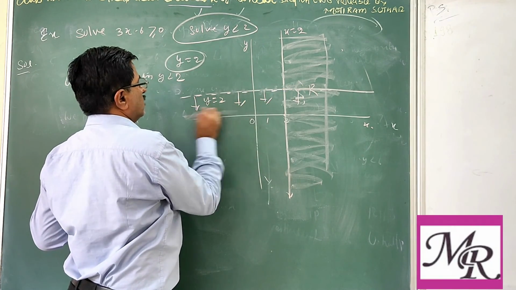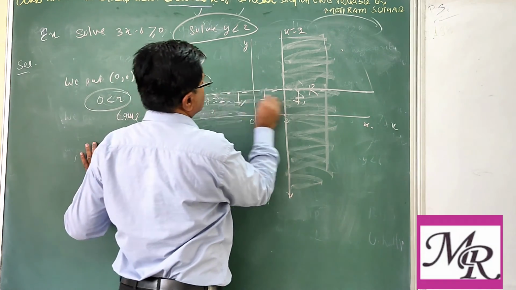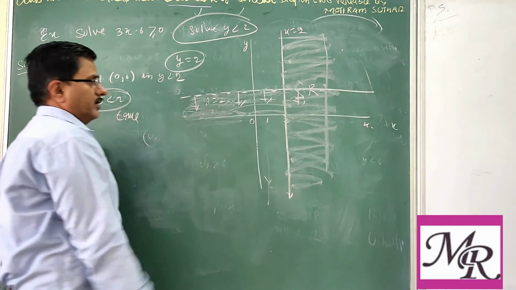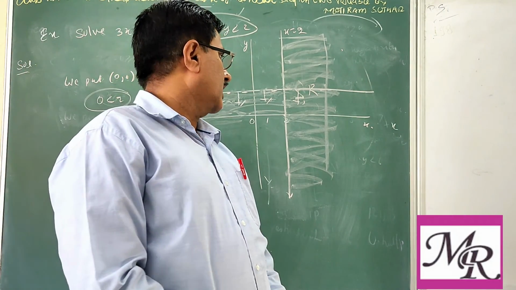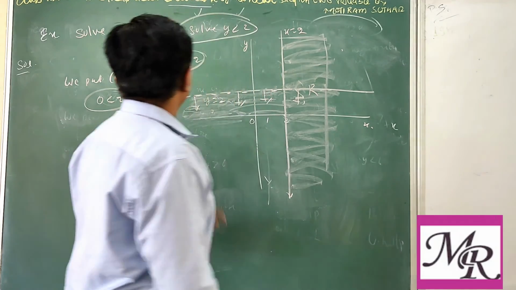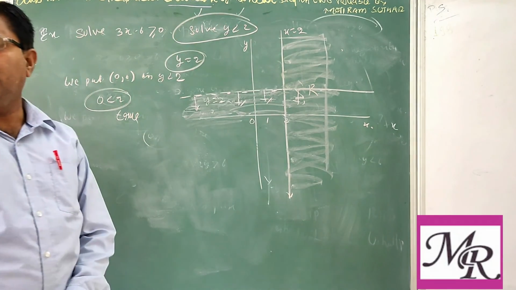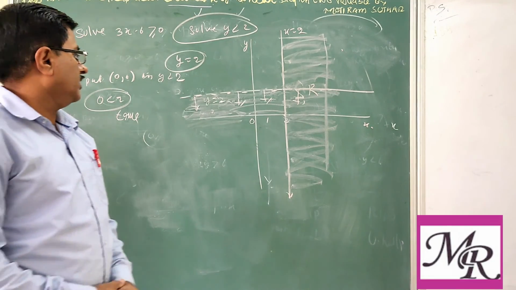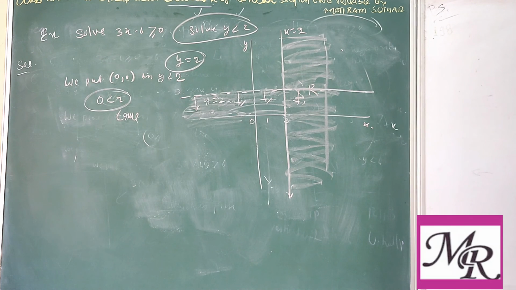This is the solution region for y less than 2, but it does not lie on the line. In this way we can draw the graph of the solution of linear inequalities in two variables, so that we may represent it with the graphical method.